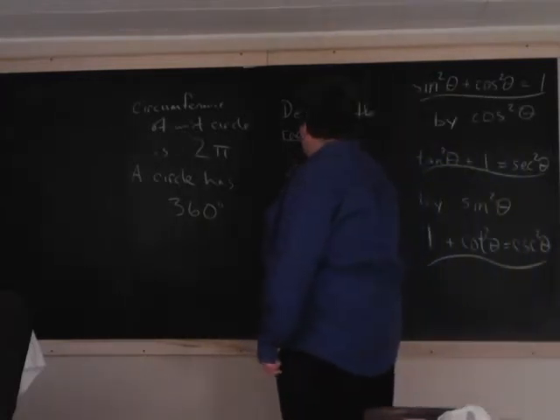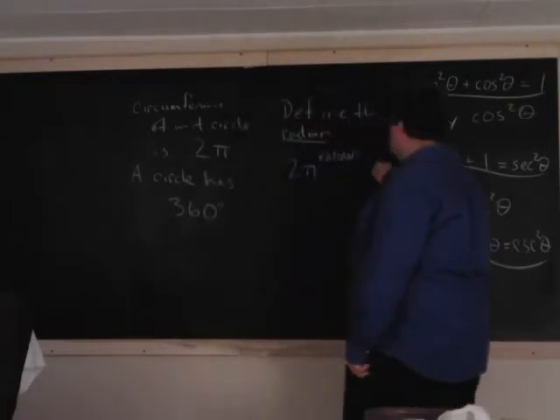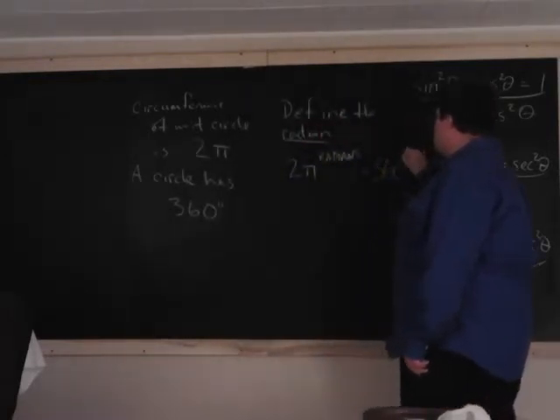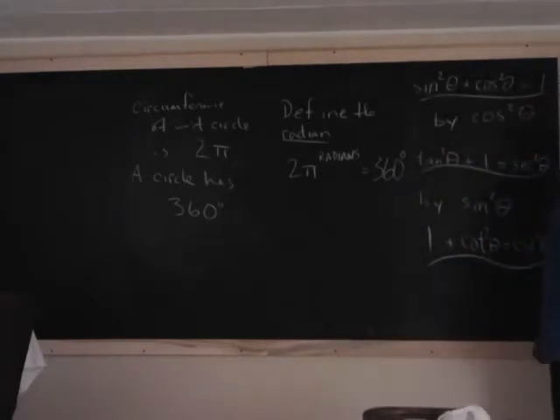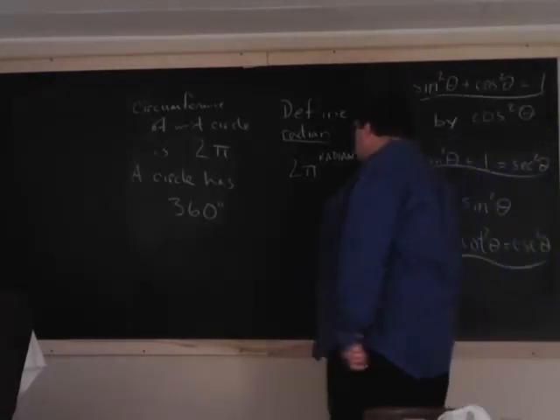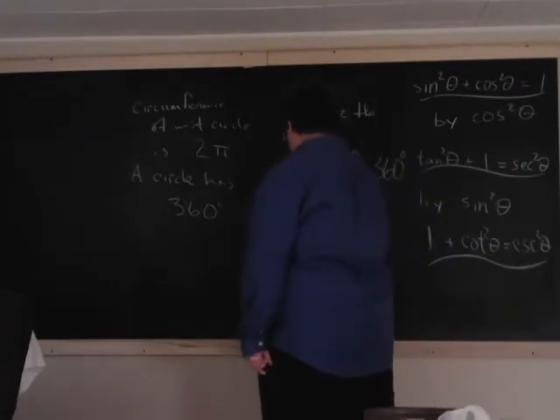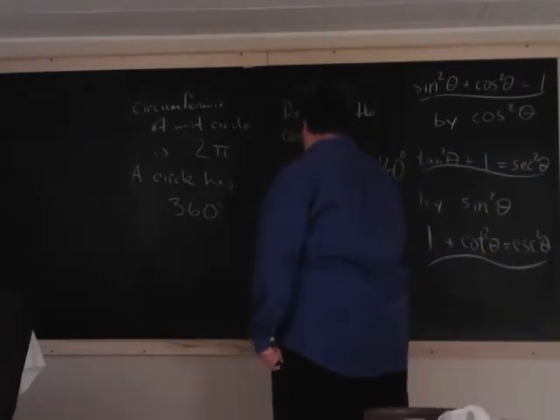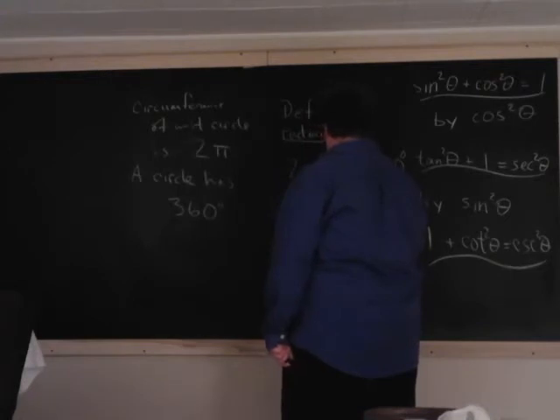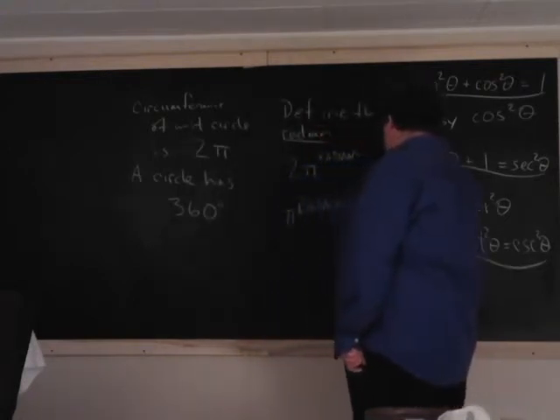So 2 pi radians equals 360 degrees. So we have a conversion factor. 2 pi radians is 360 degrees. Cancel out a 2 on both sides. Pi radians equals 180 degrees.